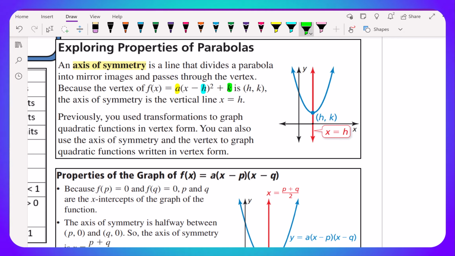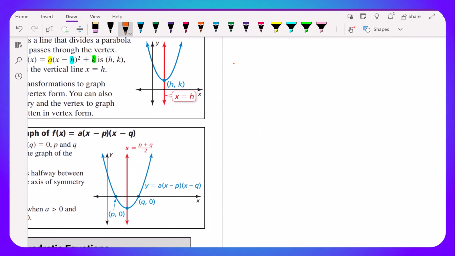The axis of symmetry is going to be a vertical line right down through the vertex, so all you have to do is say x is equal to whatever your horizontal translation is. So if I was going to give you a very specific example, I can tell right now that this is going to be a smiley because that is a +2 and it is going to stretch it vertically.